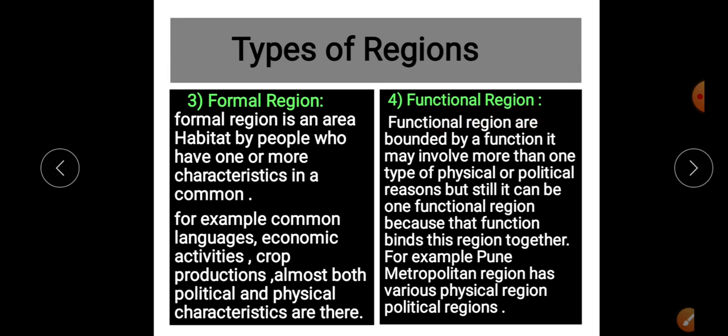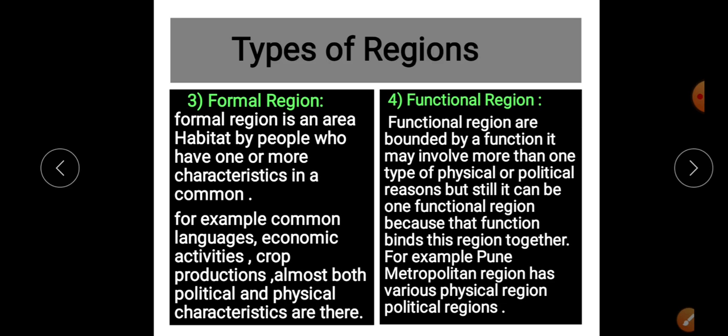Now formal region is an area inhabited by people who have one or more characteristics in common. For example, languages, economic activities, crop production, almost both political and physical characteristics are there.